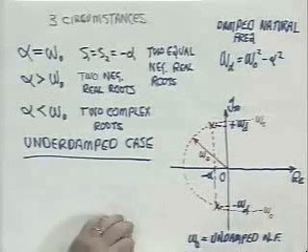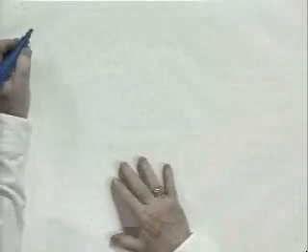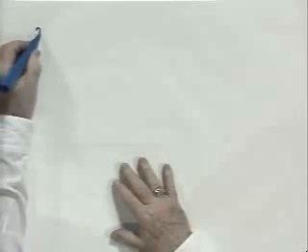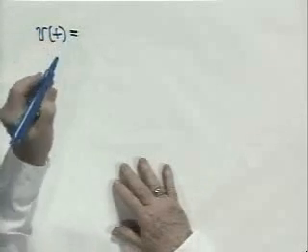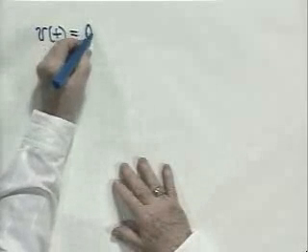So we know now what the roots are. We can write the general expression for the voltage, V of t. There are two roots, and so V of t must have two terms.